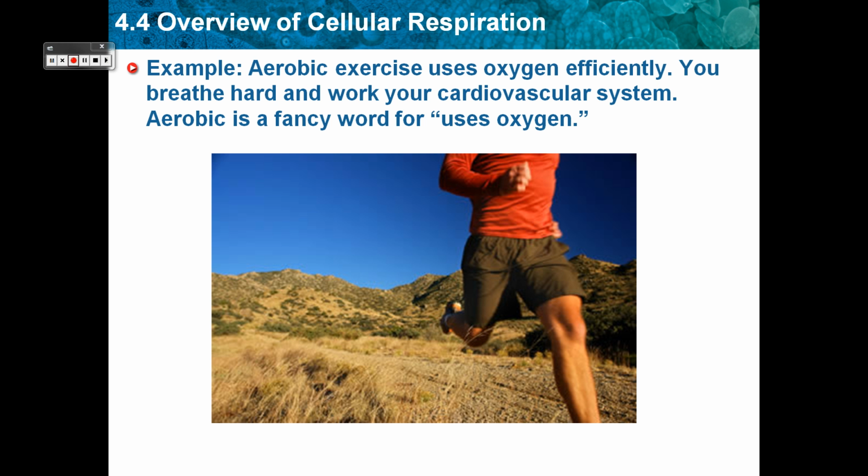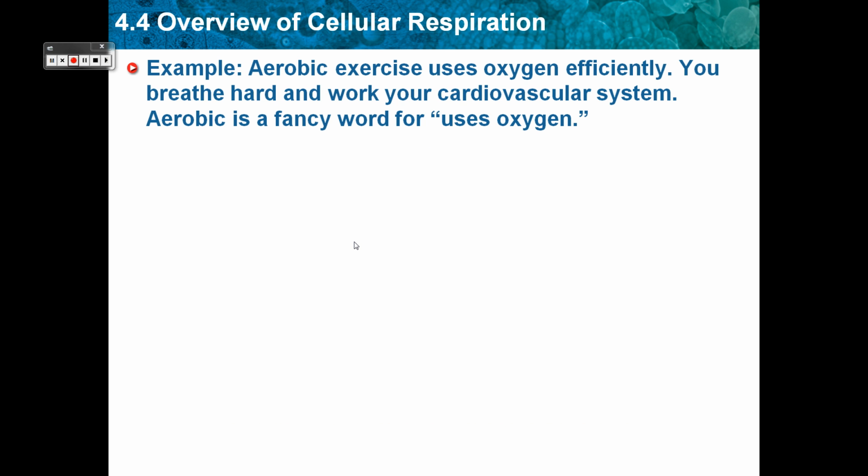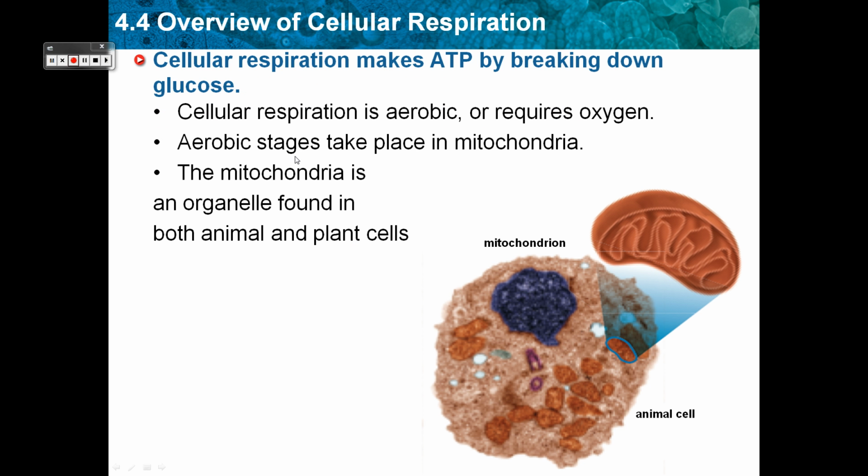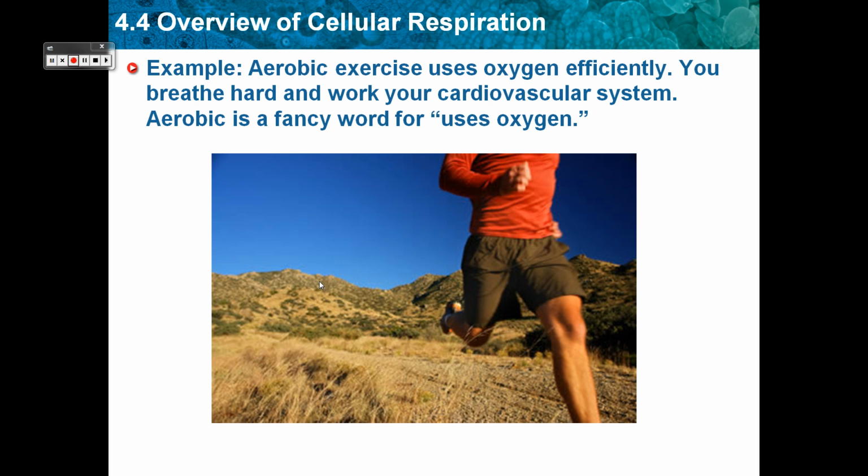You're going just fast enough to require oxygen, but not too fast that you're overreaching your oxygen and run out of breath. Okay, so you're breathing hard and you're working your cardiovascular system well. Aerobic, therefore, is a fancy word for uses oxygen. So as you recall back here, cellular respiration requires oxygen, and we'll talk about why that is.